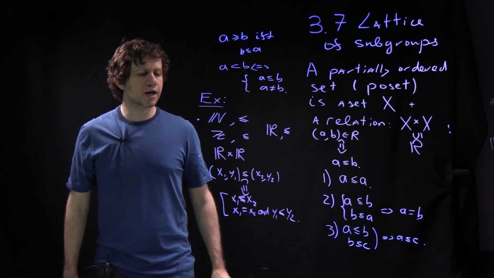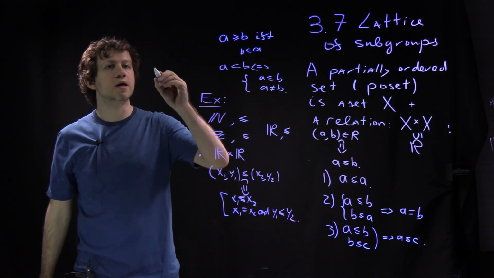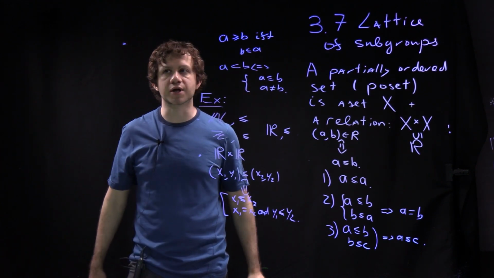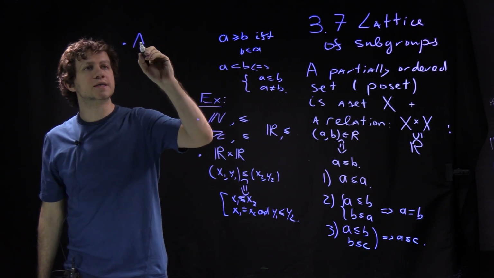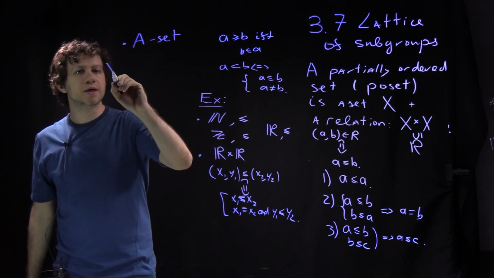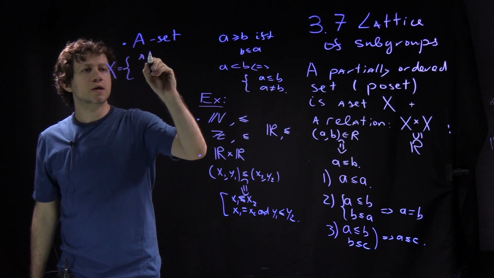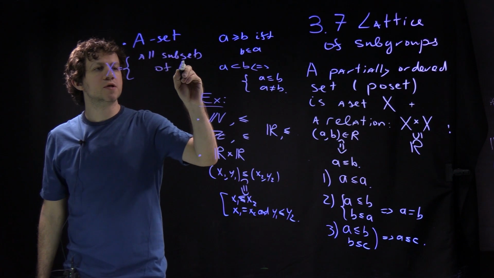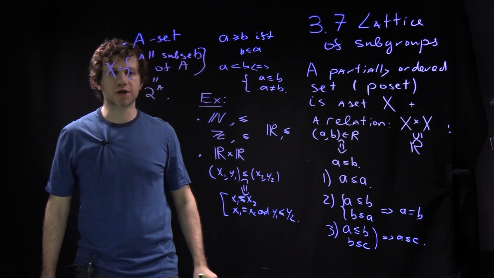And then there are examples which don't have this property, that for any two elements, either one is bigger than the other or vice versa. For instance, you can take some set A, and then you can look at X being the set of all subsets of A. Some people denote it as a power set 2 to the power A, though I hate this notation completely.